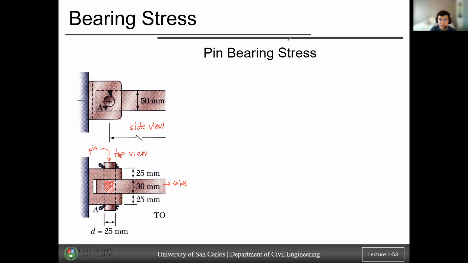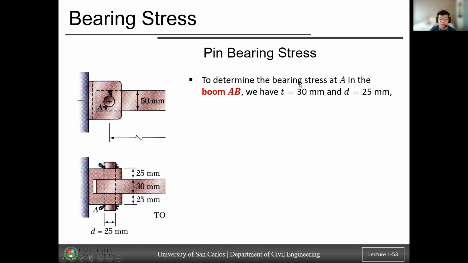Okay, so to determine the bearing stress at A in the boom AB, meaning the connection or the member AB, we have the thickness at 30 and the diameter at 25 millimeters.